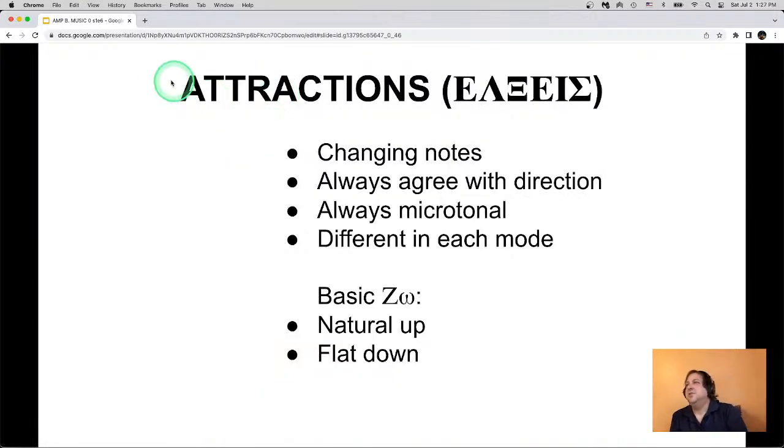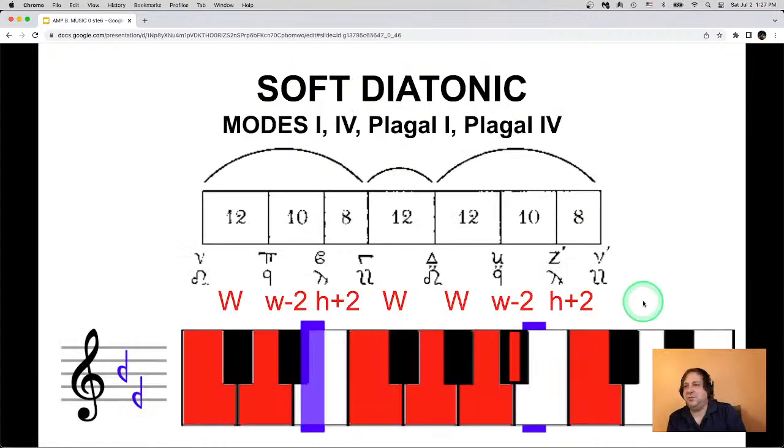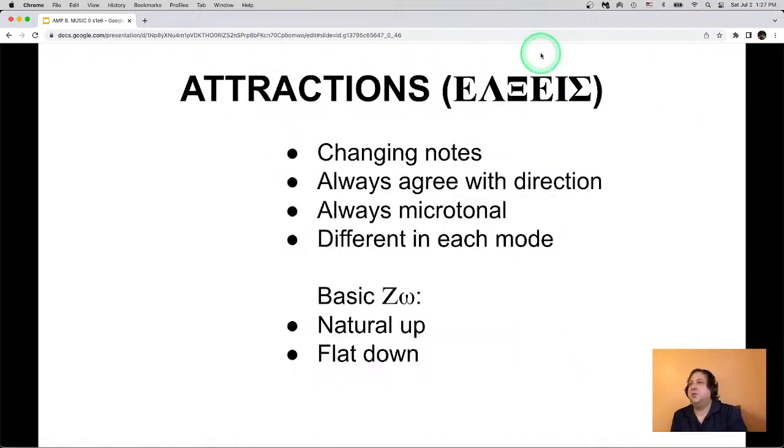Anyway, so now let's talk about what we just did there, because the mode changed when we went down, and those are called attractions, also known as elxes, traditionally known as elxes, also known as attractions. I got to get my priorities right. This is not an English-centric genre of music, is it? So the notes change.